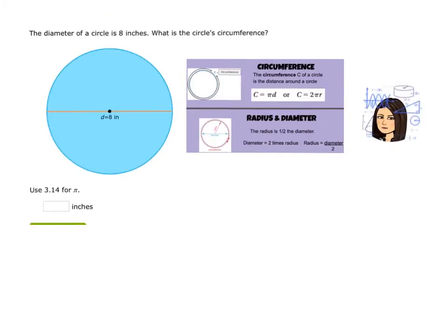Remember, pi we're saying is 3.14. So to find the circumference, we can either do pi times diameter, or we can do 2 times pi times the radius. Because I have the diameter, I'm going to use C equals pi times diameter.